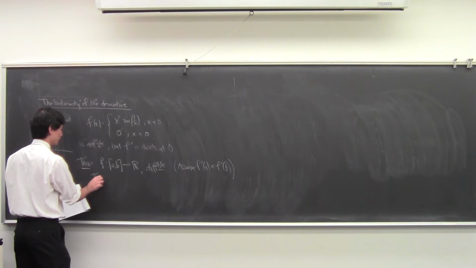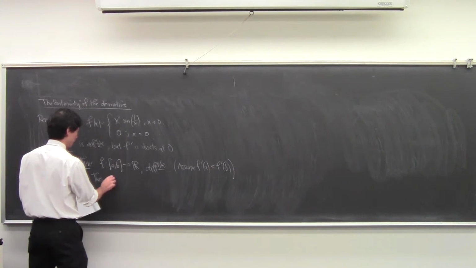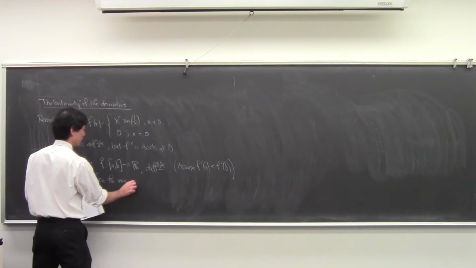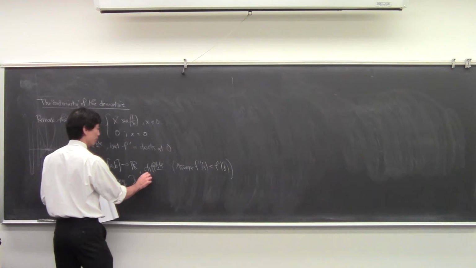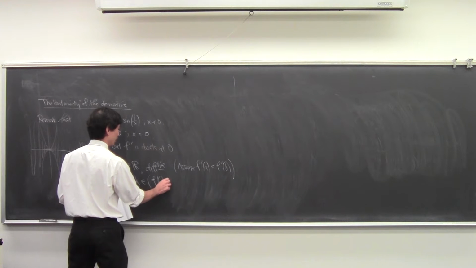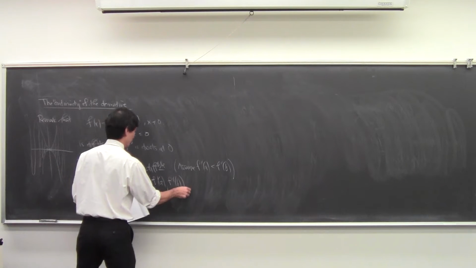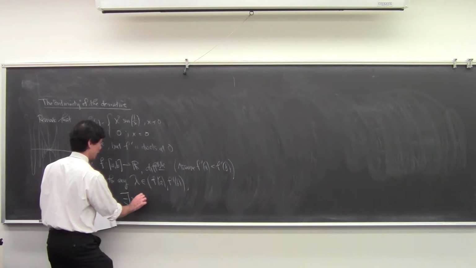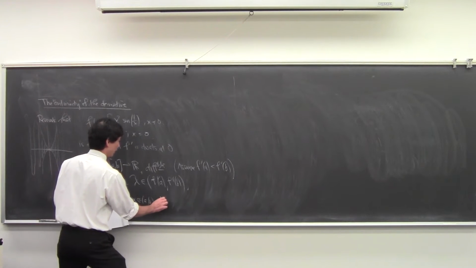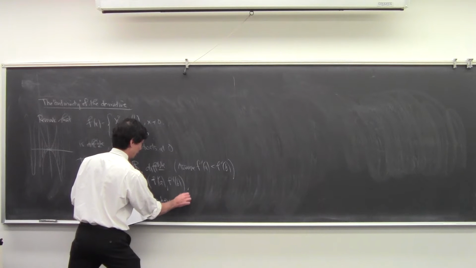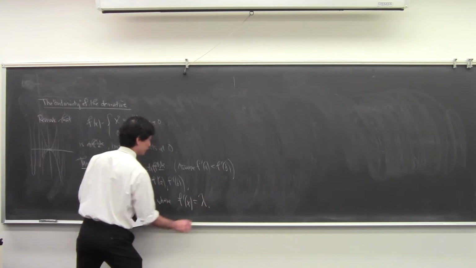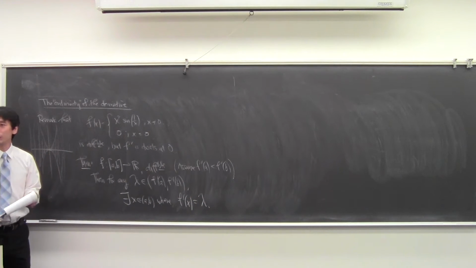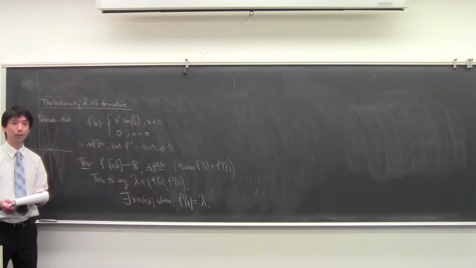Then what we're going to see is that for any intermediate value gamma, right, between f prime a and f prime b, there exists some point in (a, b) where f prime attains that intermediate value. Okay? So you hit every intermediate value.